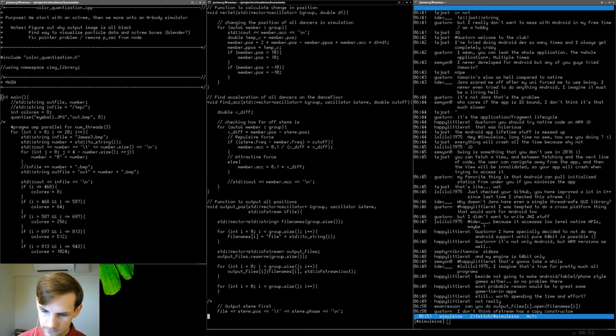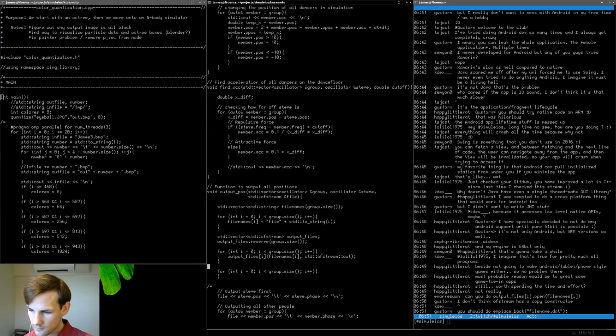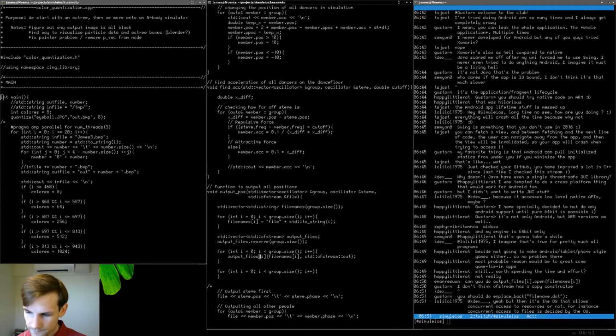And what I want to try... Yeah. You should do emplace_back. So let me try. Output files. Yes. So I guess I need to try output files i.open file names.